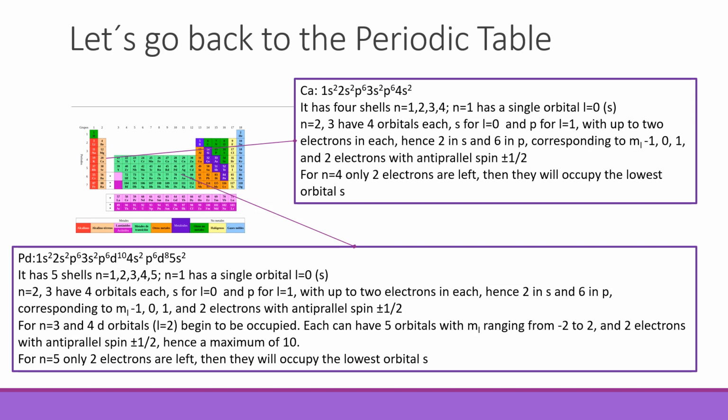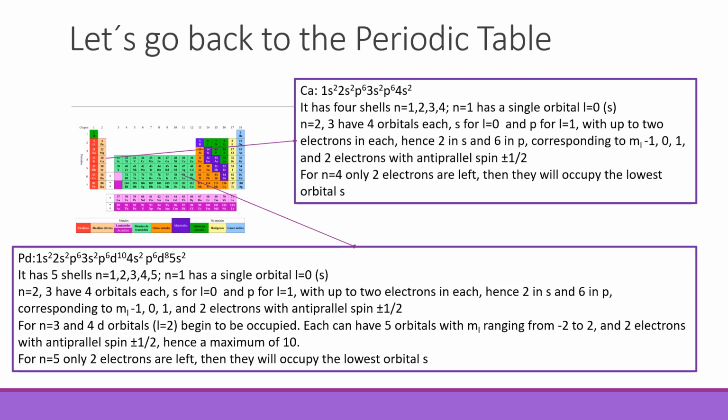N equals 3 for the orbitals. L2 begin to be occupied, it's the d orbital. It can have 5 orbitals with L ranging from -2 to 2, so -2, -1, 0, 1, and 2, and 2 electrons with antiparallel spin plus and -1/2, hence a maximum of 10.